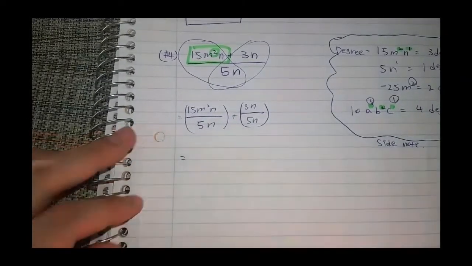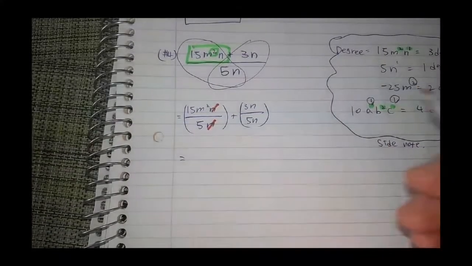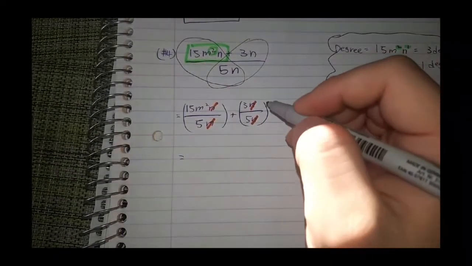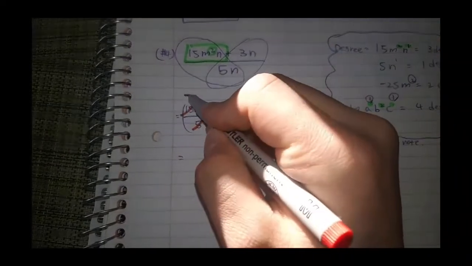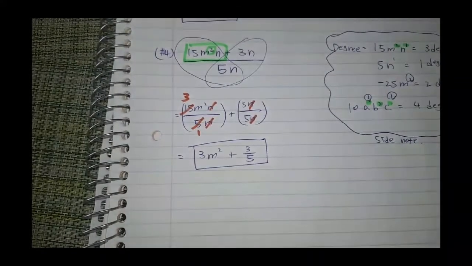Just like that. Then you will know that n and n disappear. So at least variable-wise it's easy. Other than that, 5 and 3, you can divide by 5 for both top and bottom numbers. So 3m squared plus 3 over 5 is what you have, ladies and gentlemen.